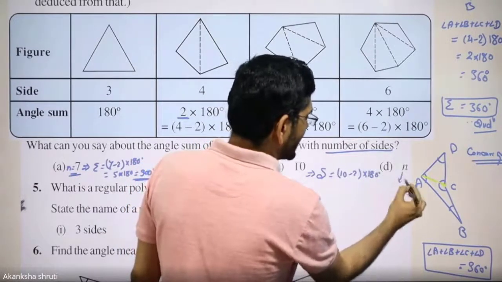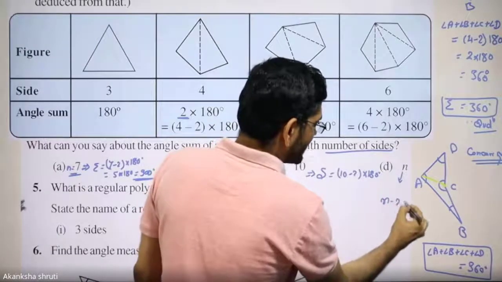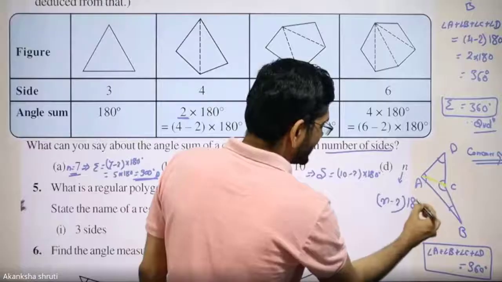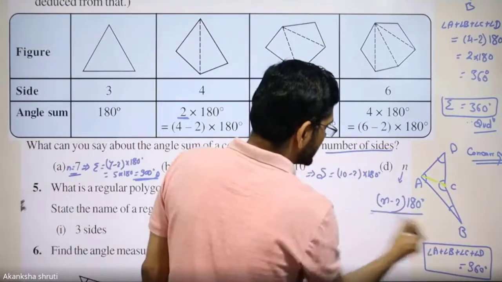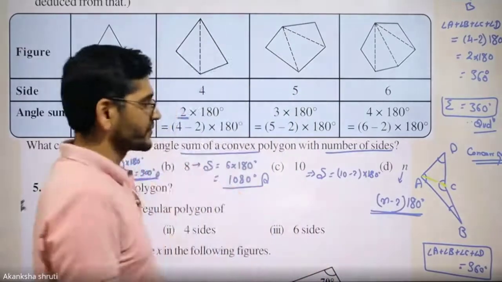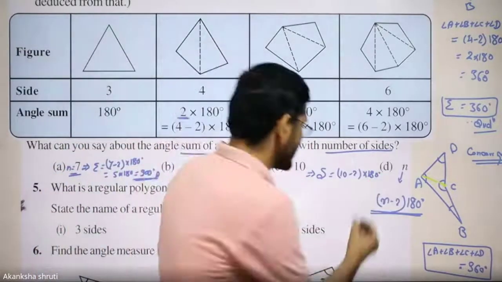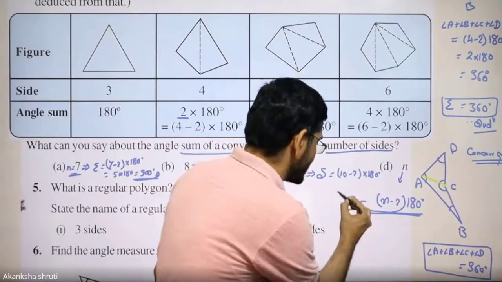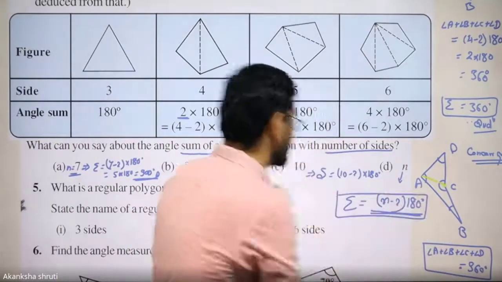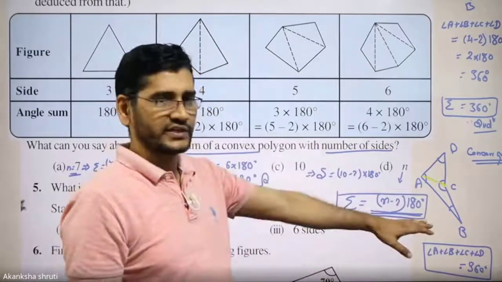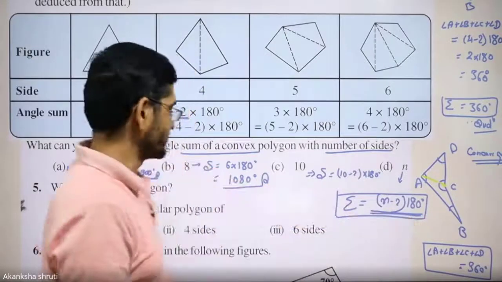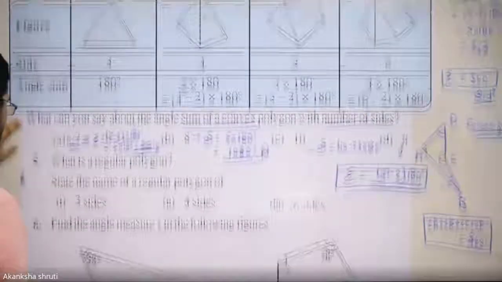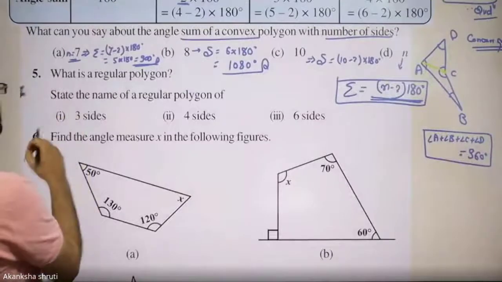Similarly, for n sides, it is n minus 2 into 180 degrees. Okay, students? So this way, for n sides, the sum of internal angles is derived as n minus 2 into 180 degrees. Even this I had derived earlier. The same thing is asked here. Coming to question number 5.